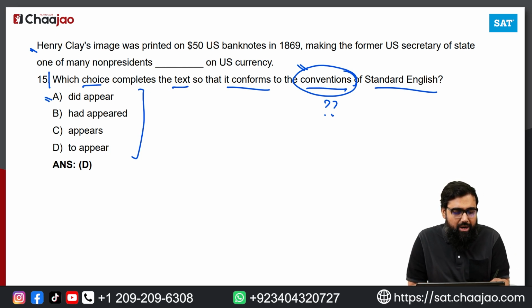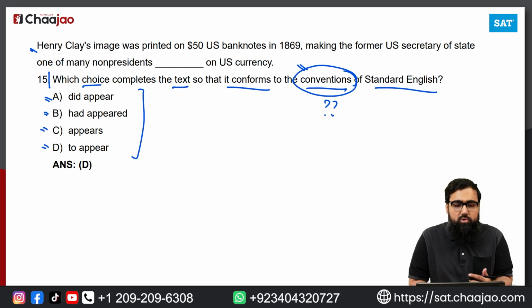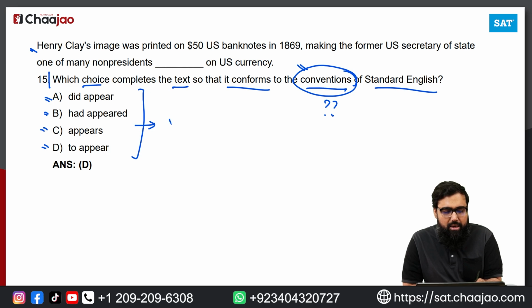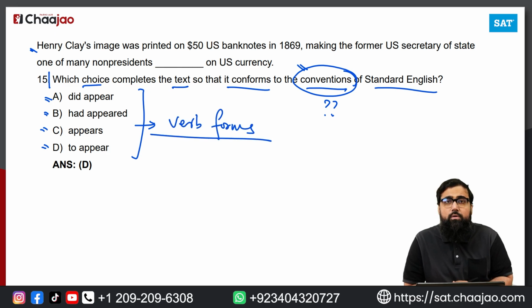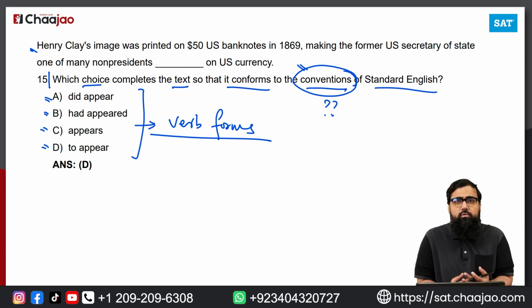In these options, the difference is the change of verbs. So this question looks like a question of verb forms. When we have questions of verb forms, we have to find out which verb form is the best for the blank that we have.